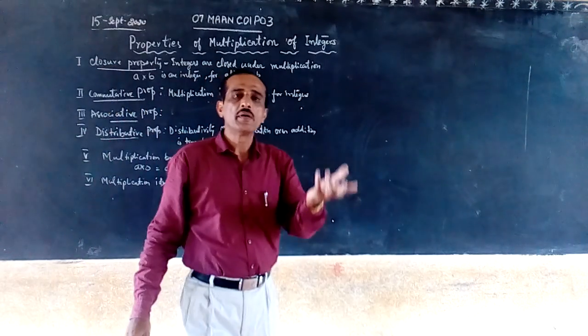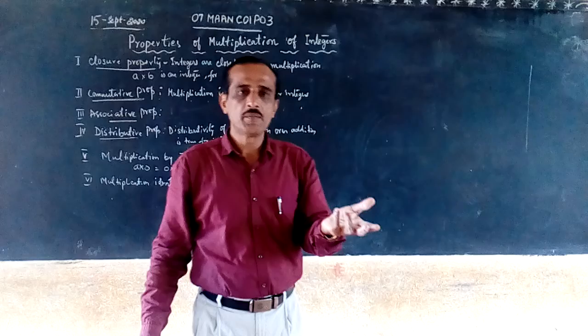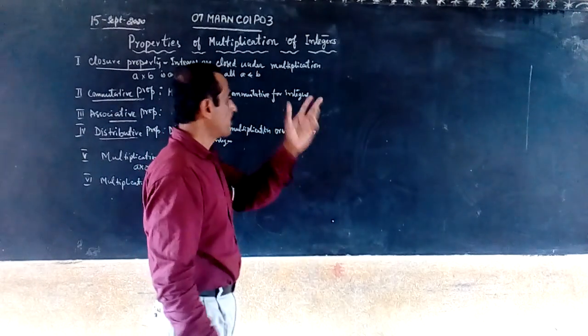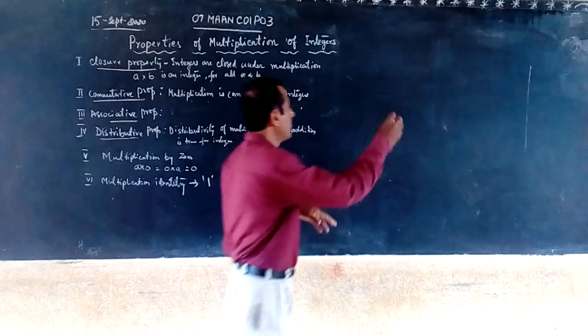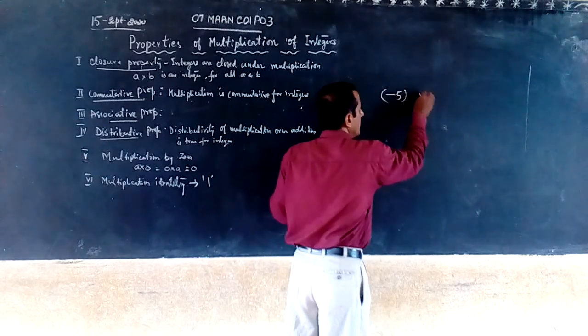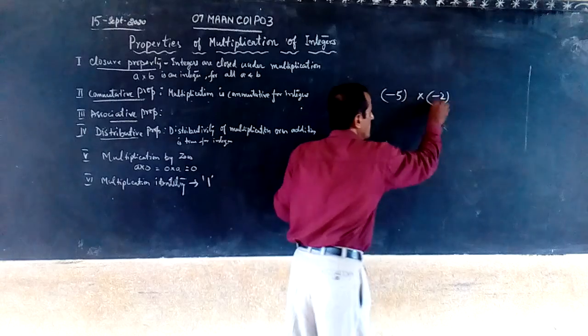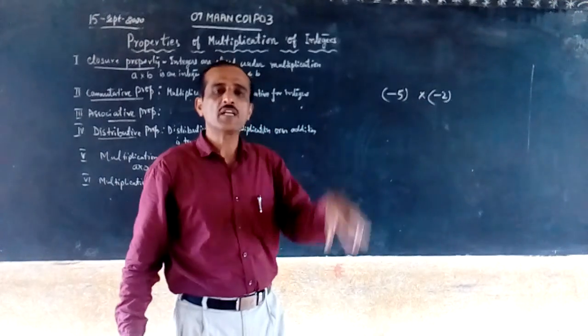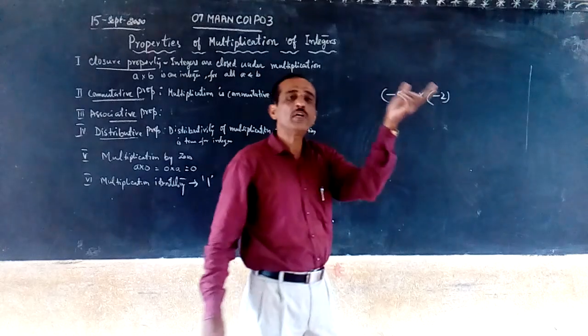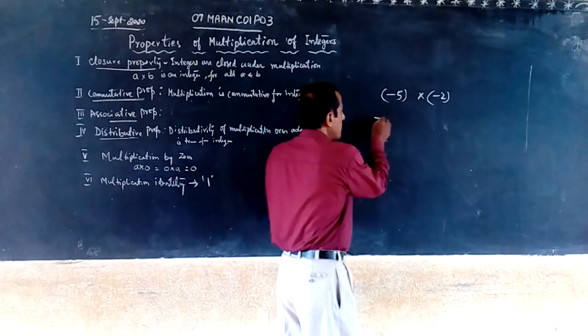If two integers are multiplied, then the product is also an integer, for all a and b. For example, minus 5 and minus 2. These minus 5 and minus 2 are integers. If two integers are multiplied, what is the product?